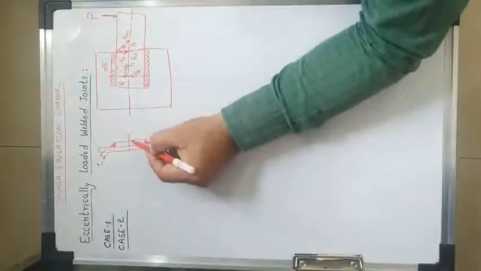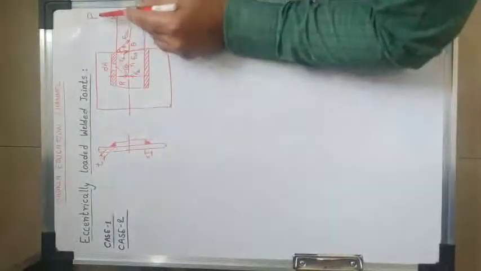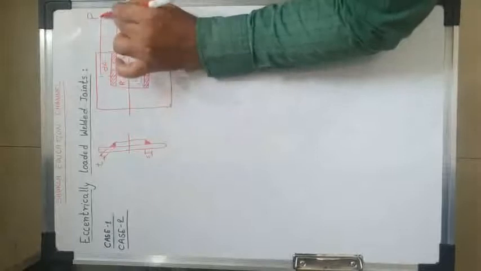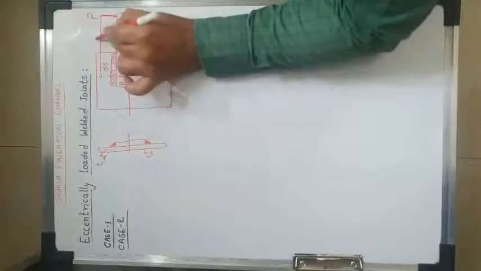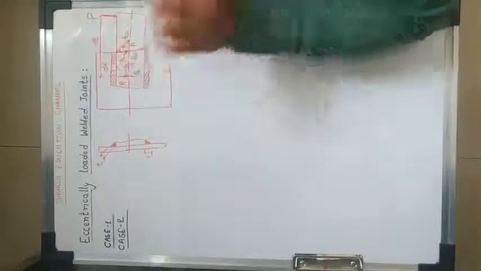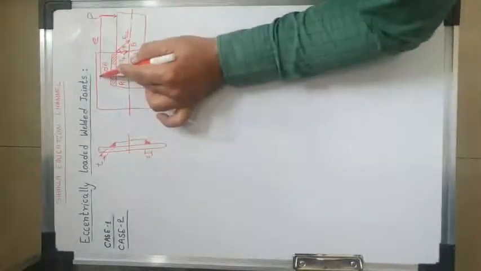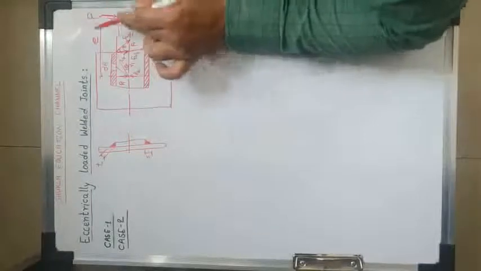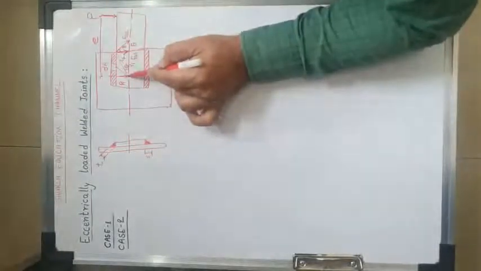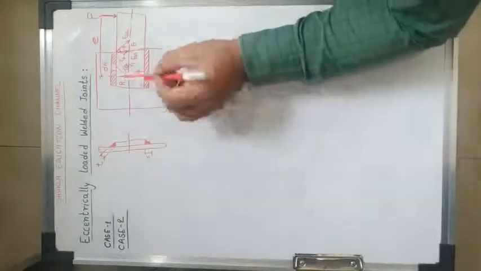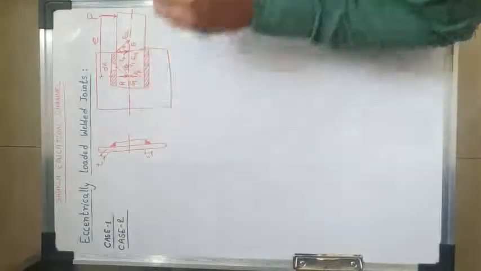This is the first plate, this is the second plate, and the load is applied here, that is, eccentrically loaded. This is E, the eccentricity of that load. Here this is P and this is the center of gravity. Let us call this point G.